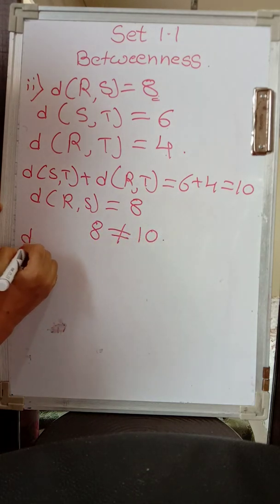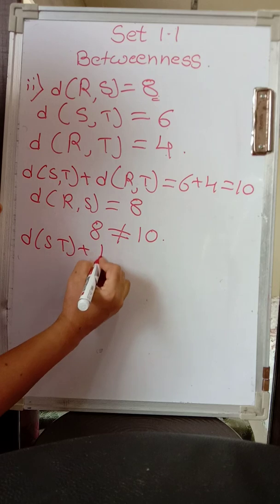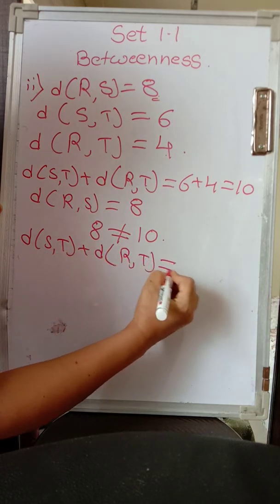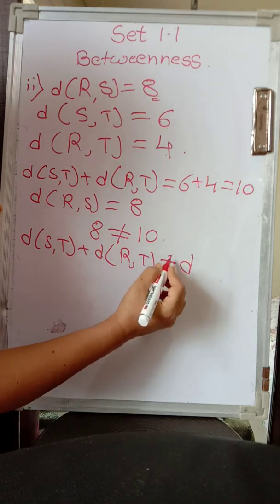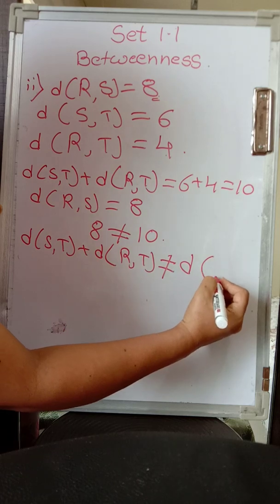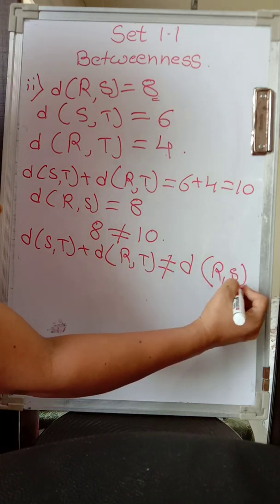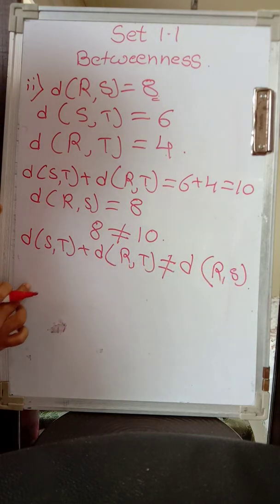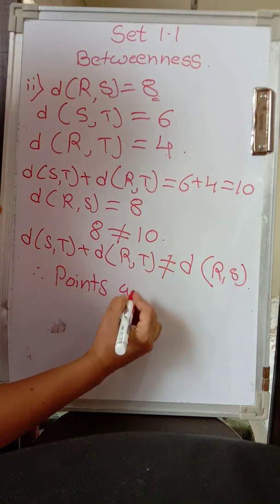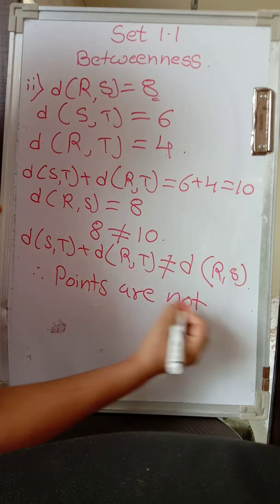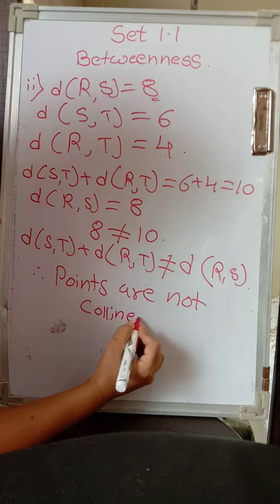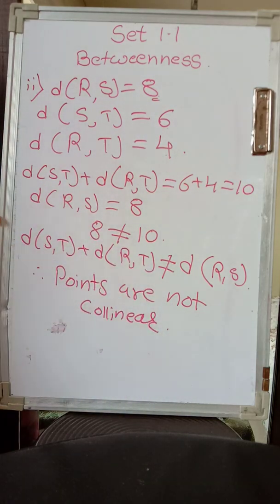Alright, so distance ST plus distance RT is not equal to distance RS. This condition is not satisfied and therefore points are not collinear. This is how you have to write.